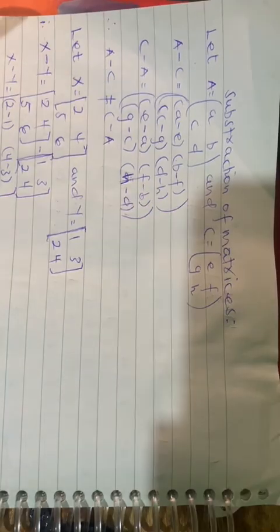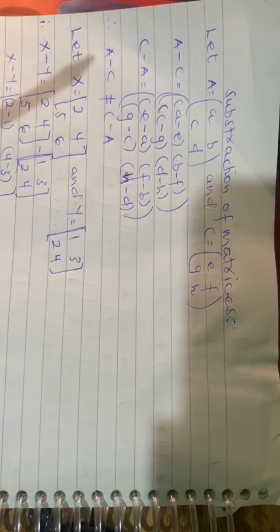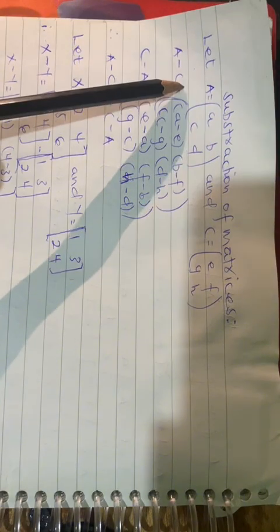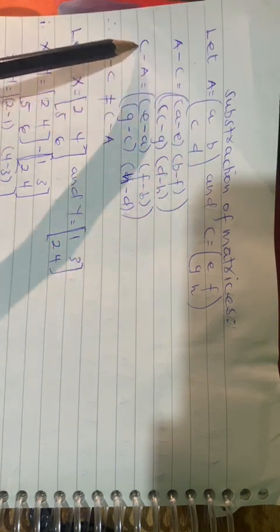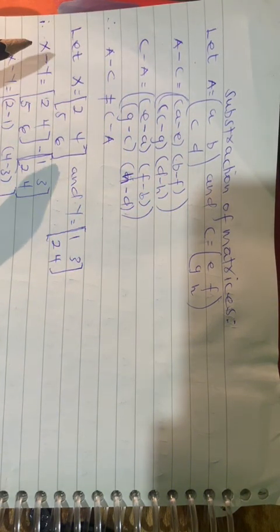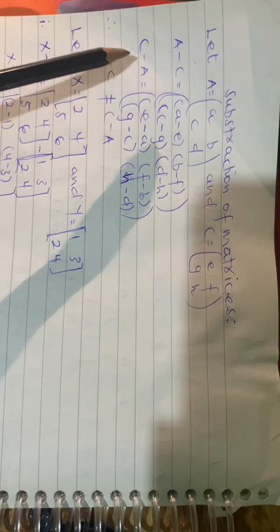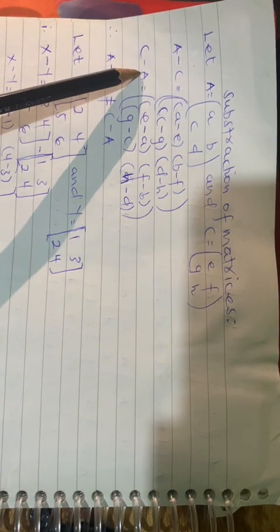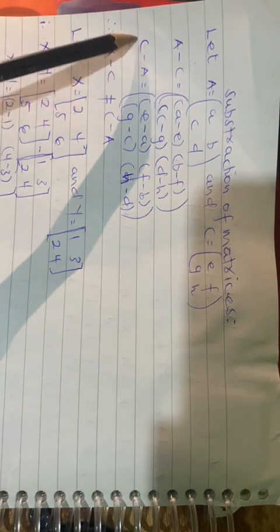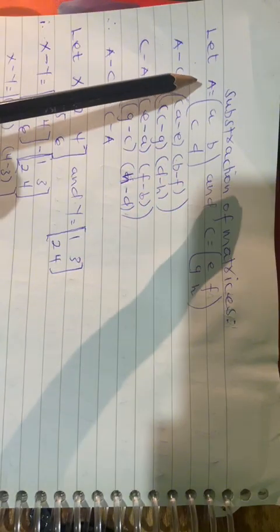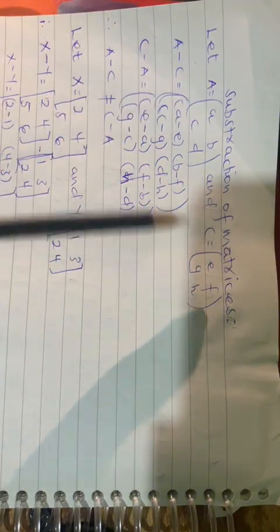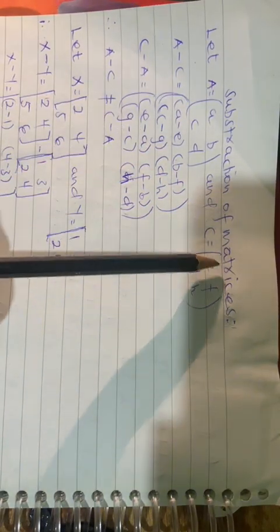One thing to know about matrices is that they are not commutative. A minus C will give you a different answer from C minus A. You get it? So look at something. C minus A, at this point, we are subtracting A from C. So the E starts with what?